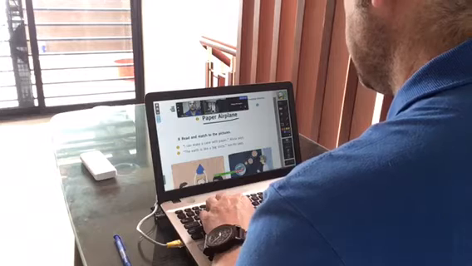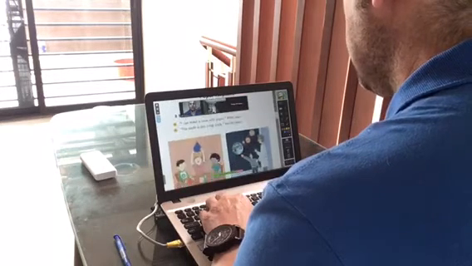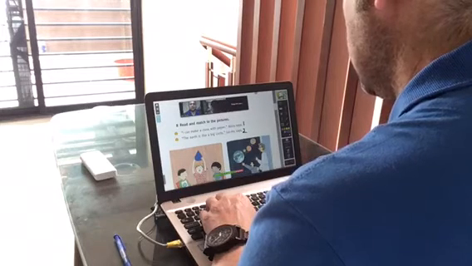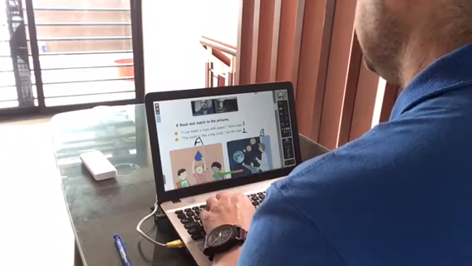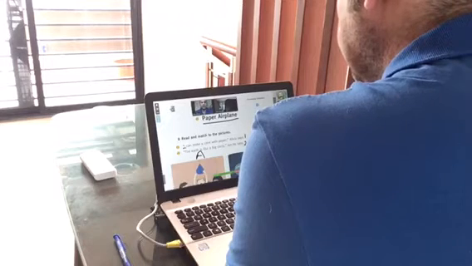Paper airplane, yes. And if we look at the picture, that is sentence number 1 and sentence number 2, and A and B. So can you read number 1, please?